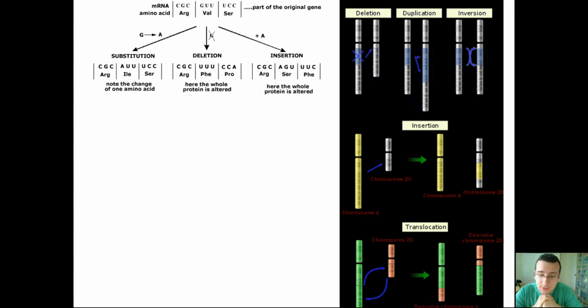You also have substitutions, which basically switch one letter for another, and that will change the base and change the protein that's based on it. That's called a point mutation because it only affects that specific point and doesn't shift the reading frame of the message. Now you can also have repeat expansions, which are kind of like duplication in the chromosomal mutations. And these mutations may affect the way you look.